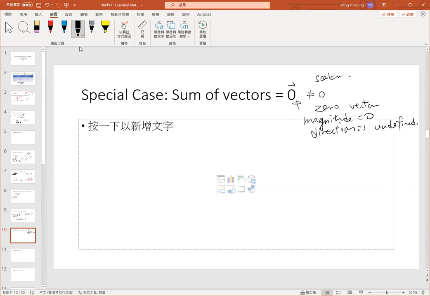If we are talking about the sum of the vectors equal to zero, we cannot draw the zero vector using an arrow. Whenever you draw an arrow, it has a length, that means it has a magnitude. But the zero vector has zero magnitude.